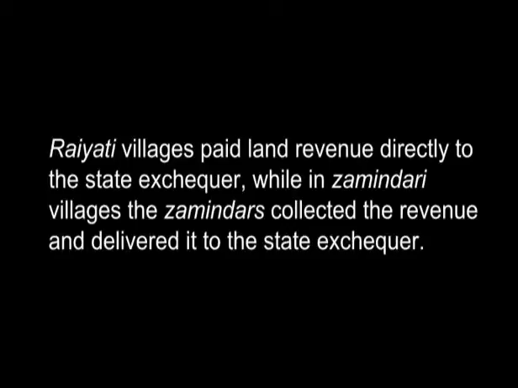But they were not proprietors of the soil, and they also did not have the right to enhance the land revenue. Land revenue was a central affair. So nobody apart from the central government was in a position to decrease or increase the amount of the land revenue.